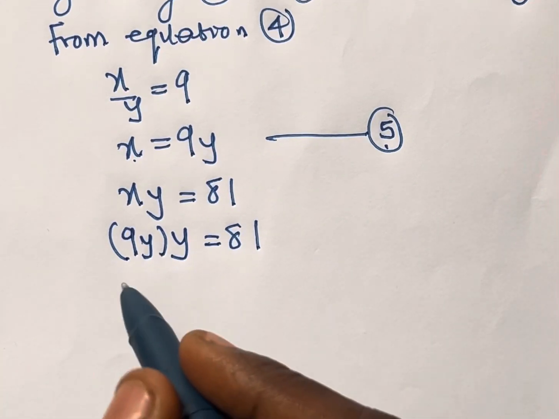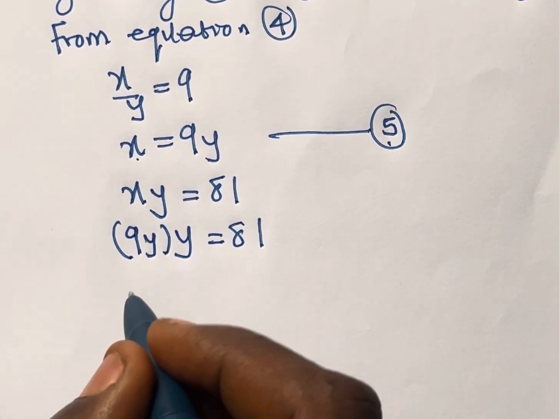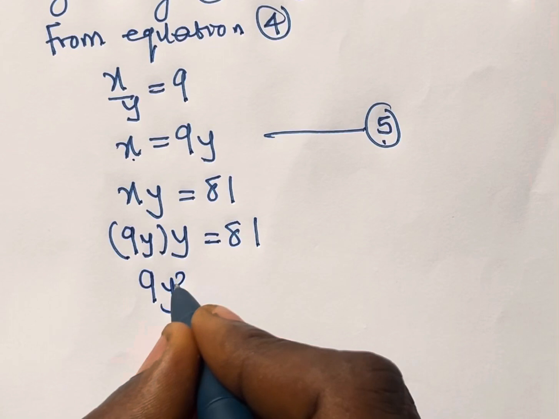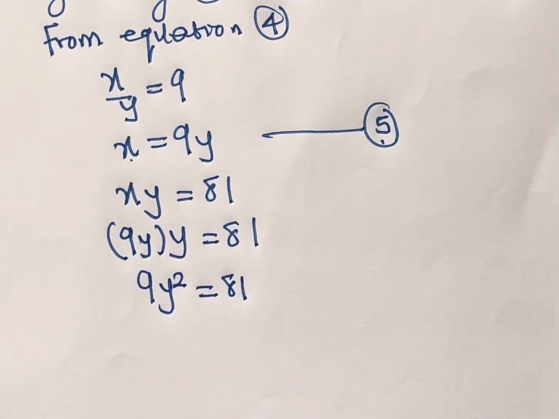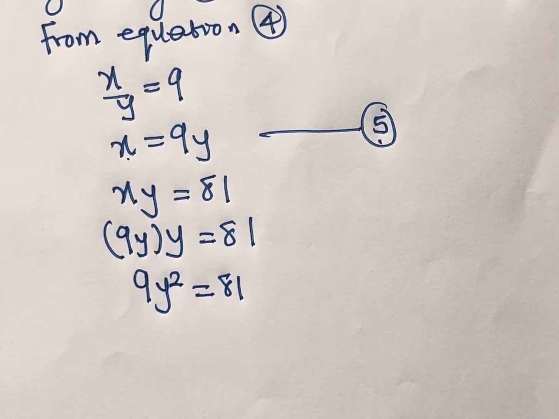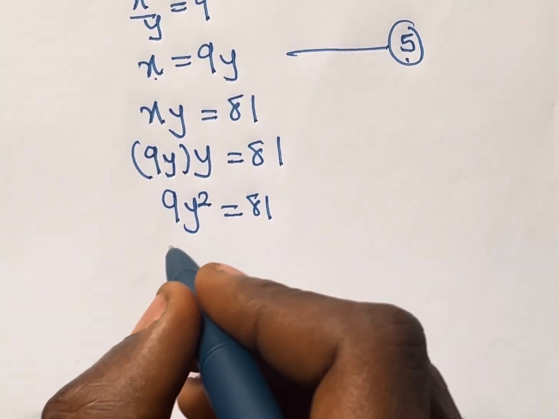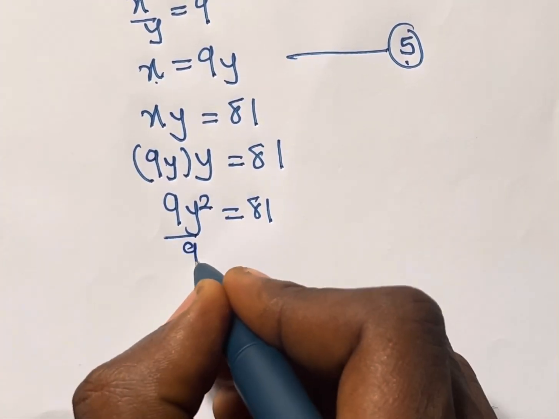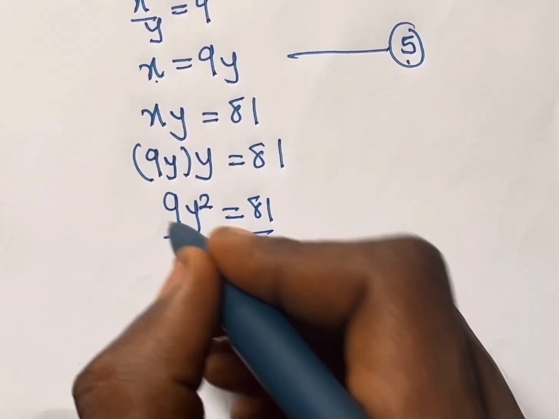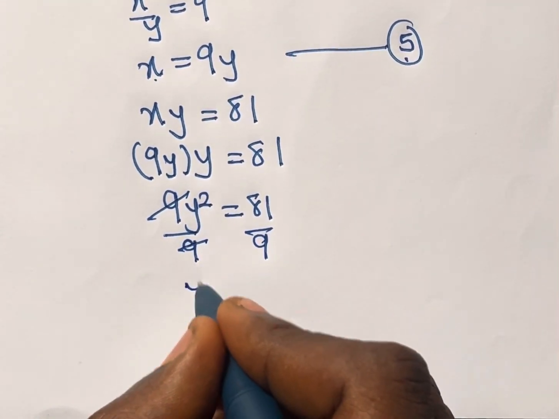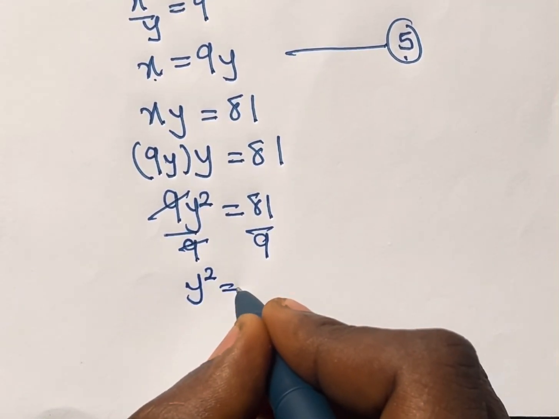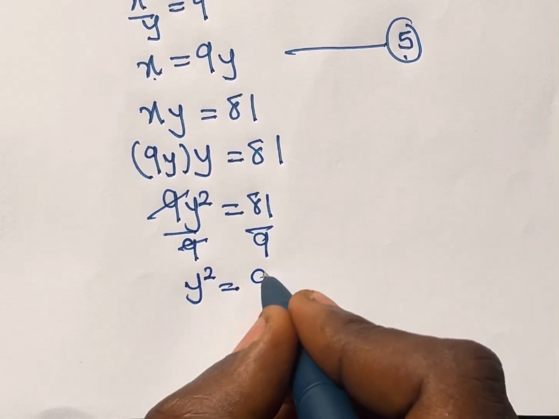If you multiply this, we have 9y squared is equal to 81. If you divide both sides by 9, this will cancel out, and we have y squared is equal to 9.